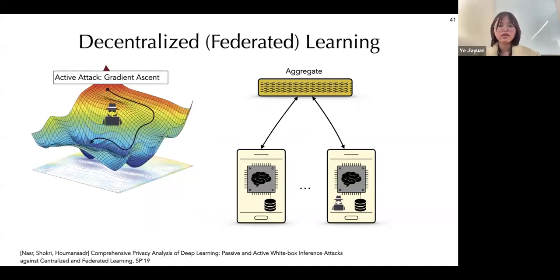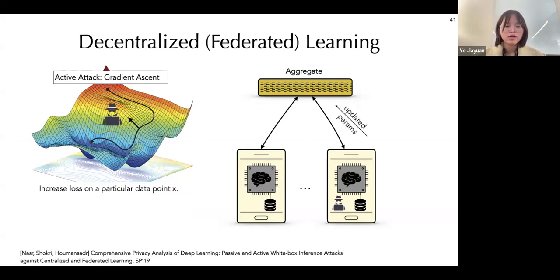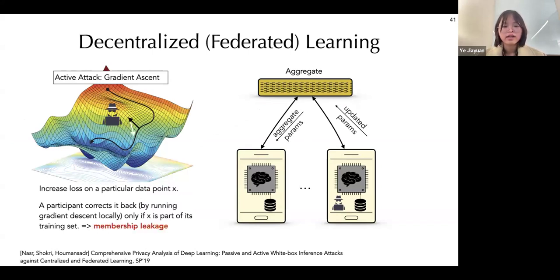The idea of how this attack is done is that the attacker, which is one malicious party in the federated learning setting, increases the loss on a particular data point that it wants to infer membership for. Then ideally, another participant corrects it back only if this X is part of its training data. So the adversary can do membership inference by seeing whether this X is corrected back in later updates of the model.